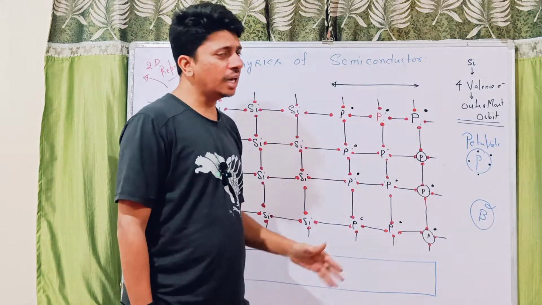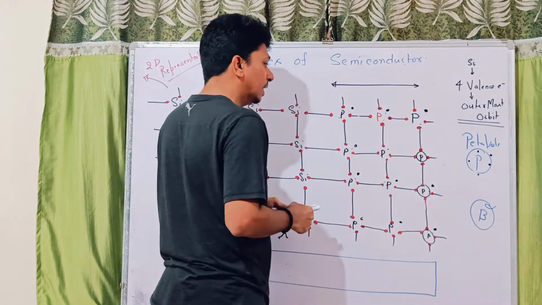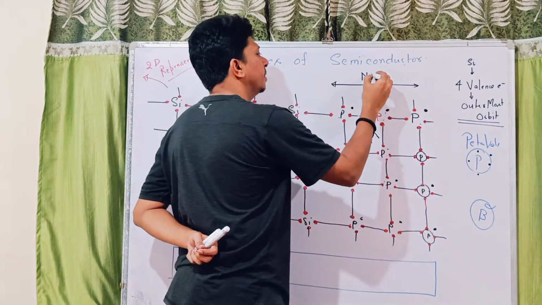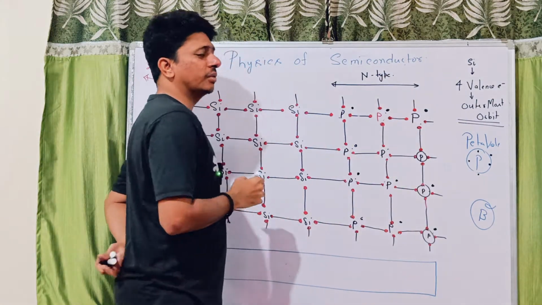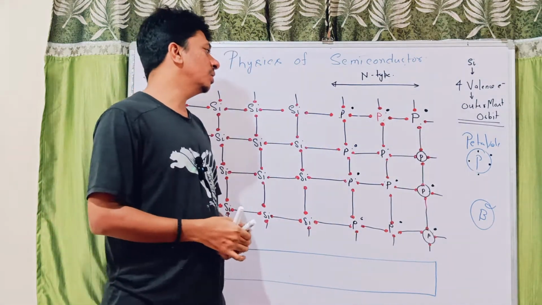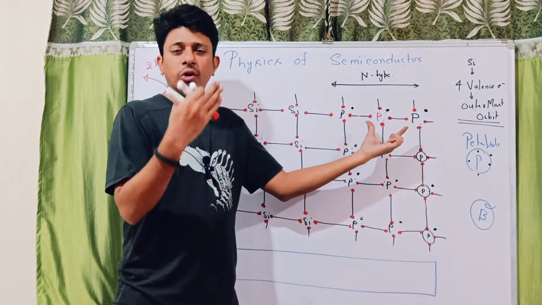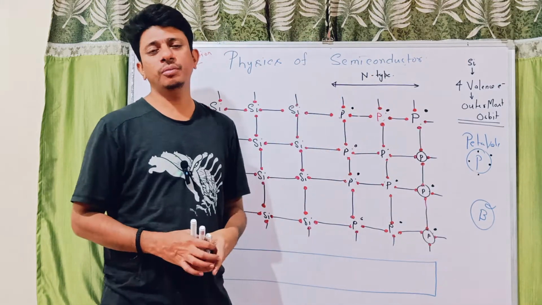Because of this extra electron, this region was named an n-type region. Why is it n-type? Because it has extra electrons. An electron is negative, and that is why the name n was given.